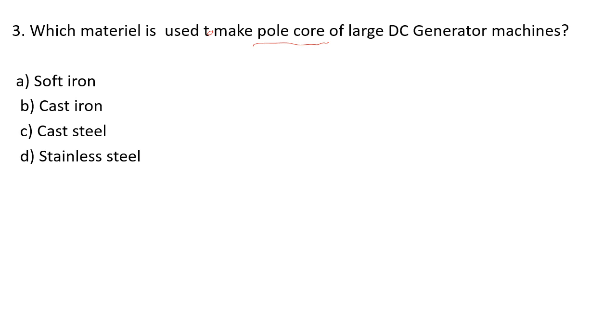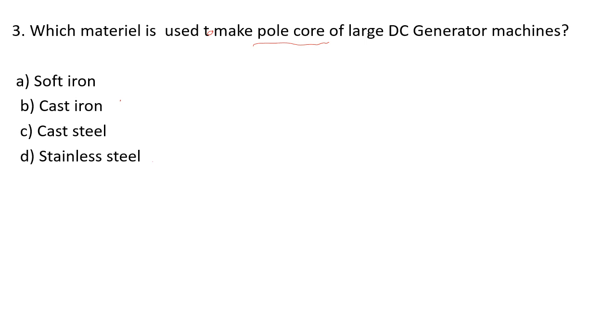So the selection of the material for the production of pole core is very important. Here you can see four options: soft iron, cast steel, and stainless steel.